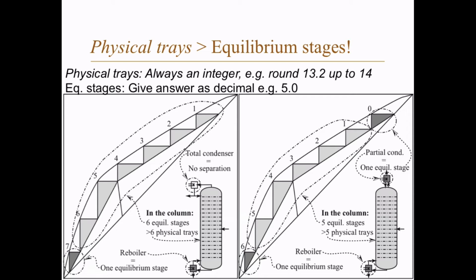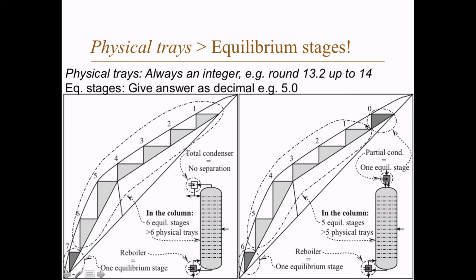But in order to make these overall tray efficiencies comparable between different setups, we take away the things that happen outside the column. So if you have a reboiler here, that's one equilibrium stage. And we typically have that in our course. And if you have a partial condenser, that's also an equilibrium stage outside the actual column.